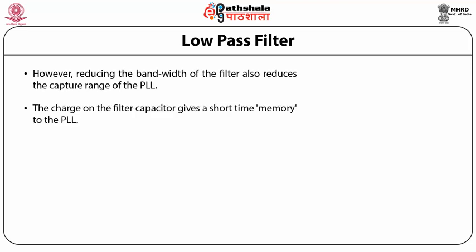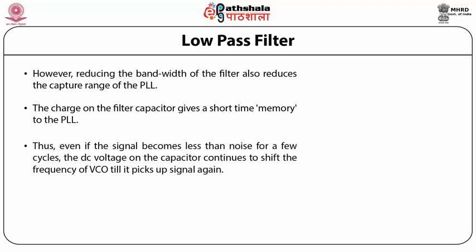So the charge on the filter capacitor gives a short time memory to the PLL. Thus, even if the signal becomes less than the noise for a few cycles, the DC voltage on the capacitor continues to shift the frequency of the VCO till it picks up the signal again.